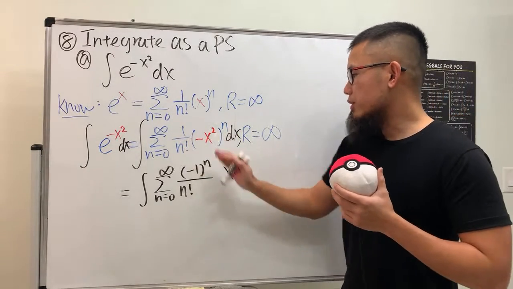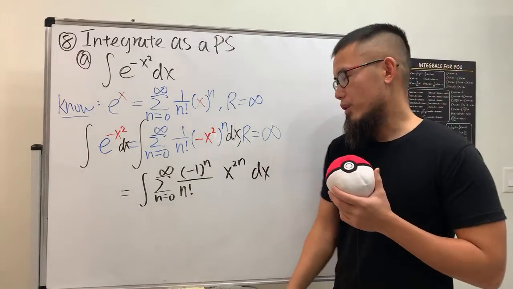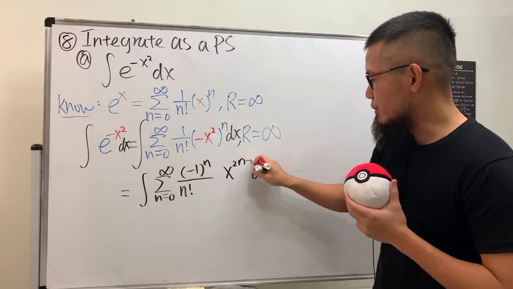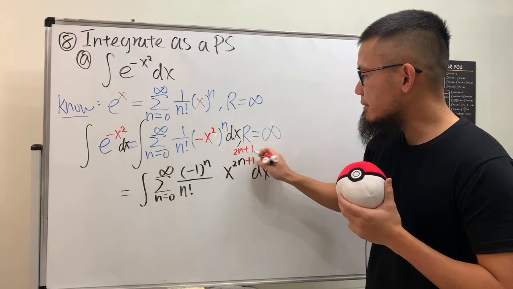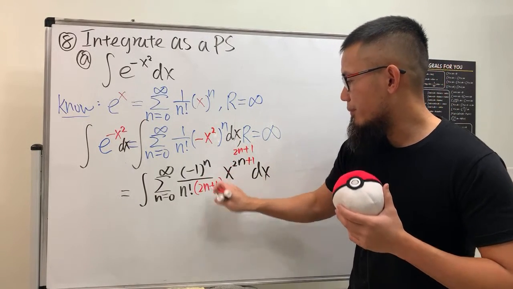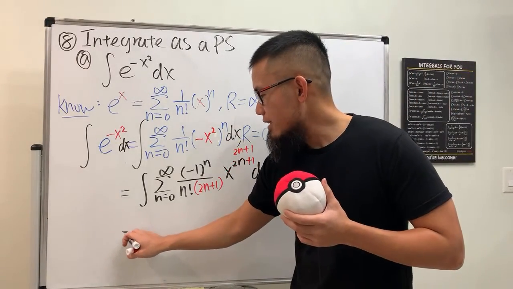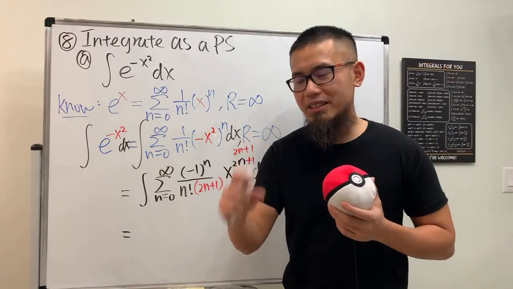This is just the cleaning up. We still have to integrate this. Integrating power series is the best thing in the world because all we have to do is add 1 to the power. The new power is 2n plus 1, and we divide by the new power. And don't forget, we're doing an integral, so you still need a plus c.